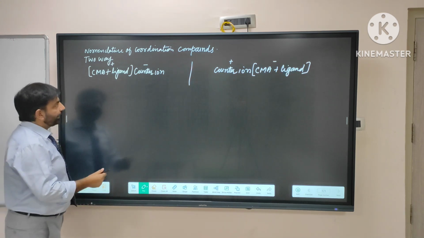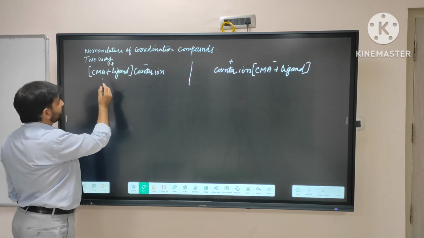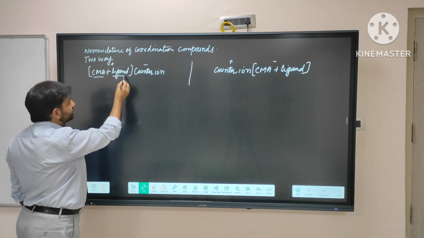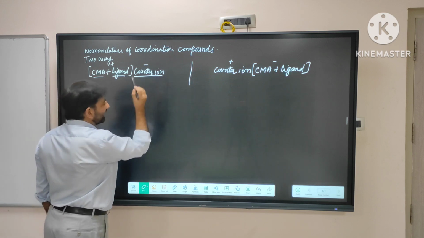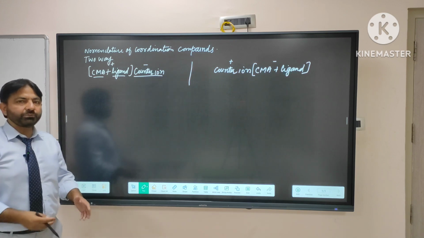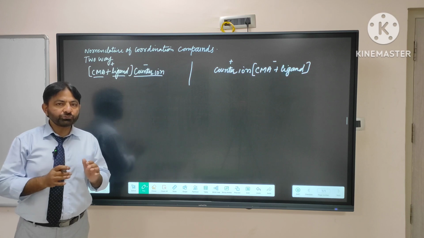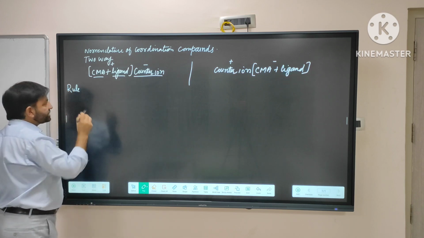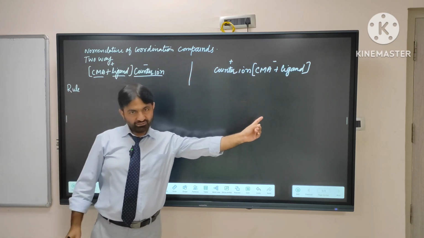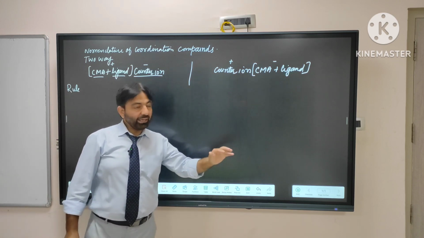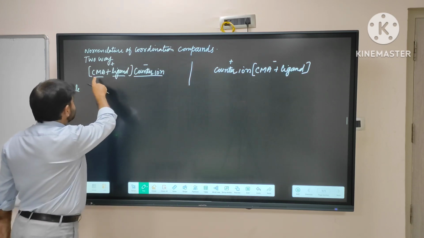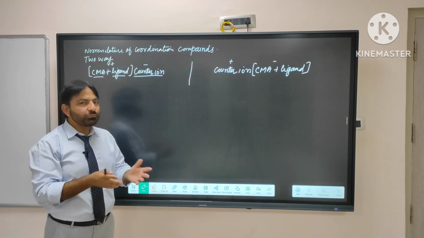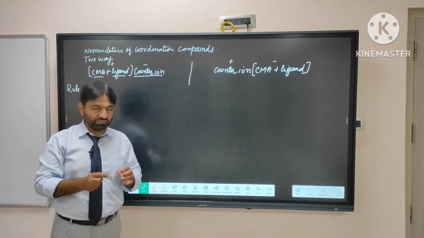Now let's see, we have three main parts here: one, central metallic atom, two, ligand, and counter ion. How to name them? First we have to think. The rule is we should start from left to right. Which part should we name first?